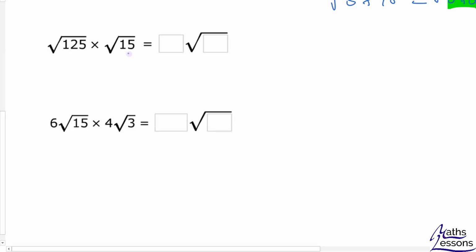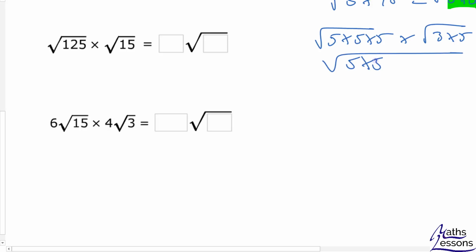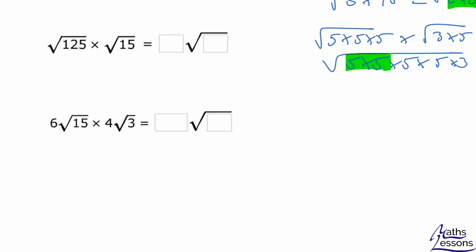Right, here we go. 125 times 15. Rather than multiplying these out, let's look at the numbers that go into them. So 125 is the same as 5 times 5 times 5, and 15 is the same as 3 times 5. Put those all together, and we get 5 times 5 times 5 times 5 times 3. And you can see you've got one pair of 5s, so that's one 5 that's going to come out.